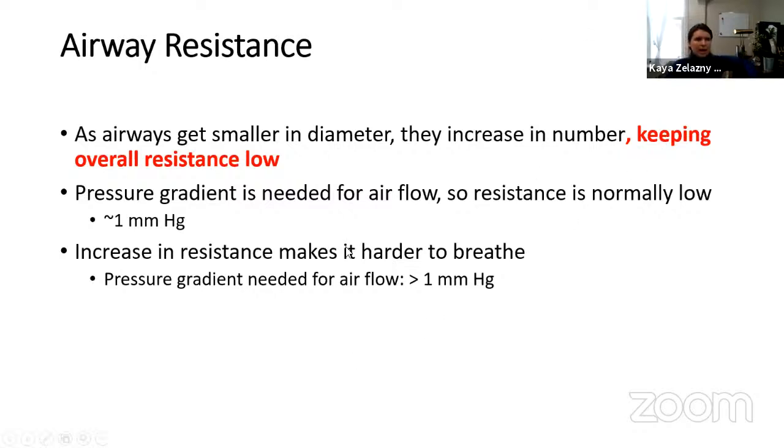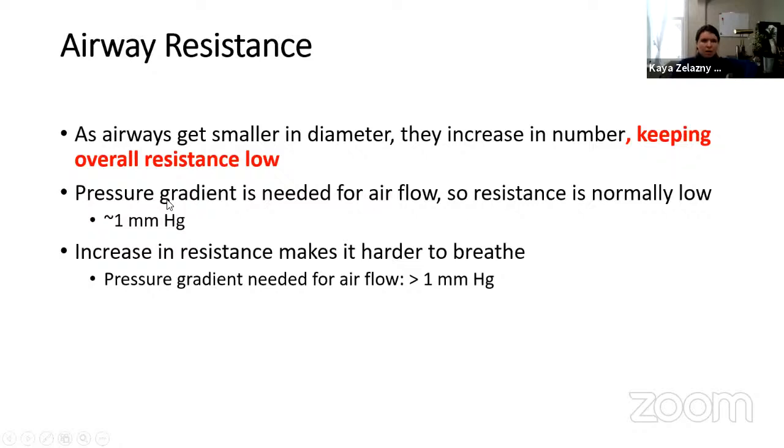As we know, when the diameter or radius of a tube decreases, that increases the resistance through that individual tube. But when we're thinking about our airways in total, while they are getting smaller in diameter as they branch, they're also increasing in number.